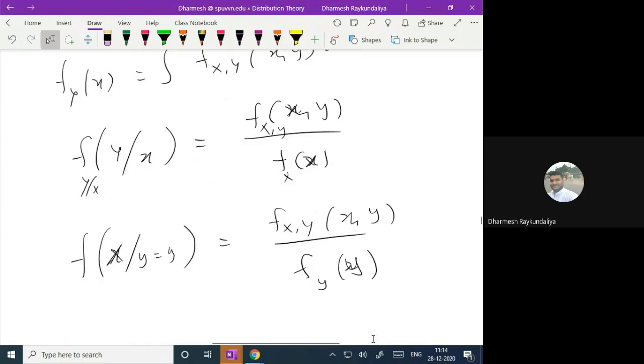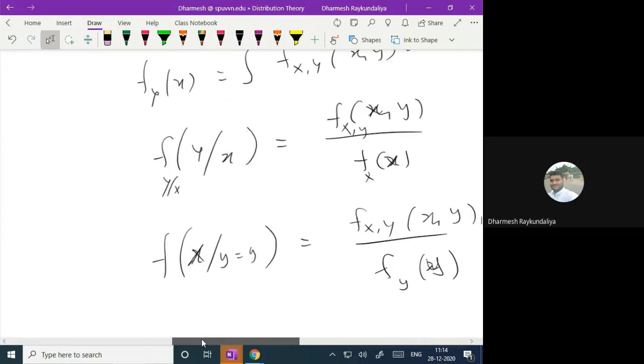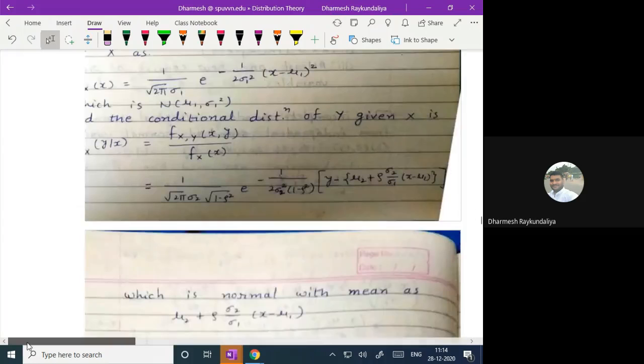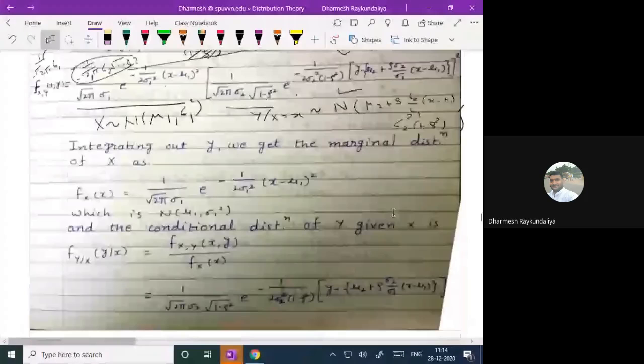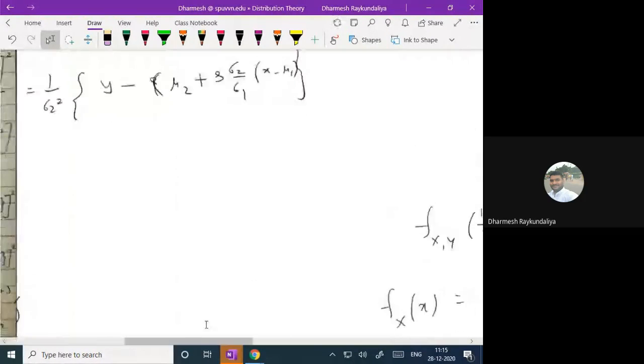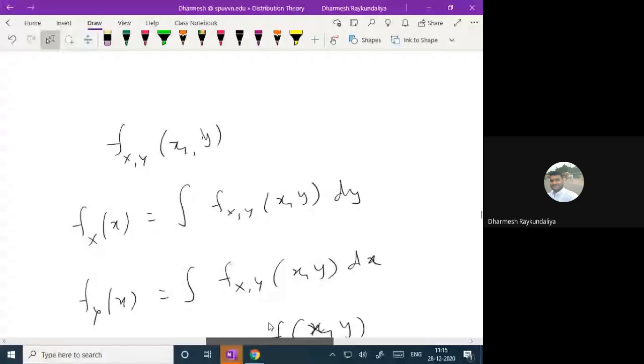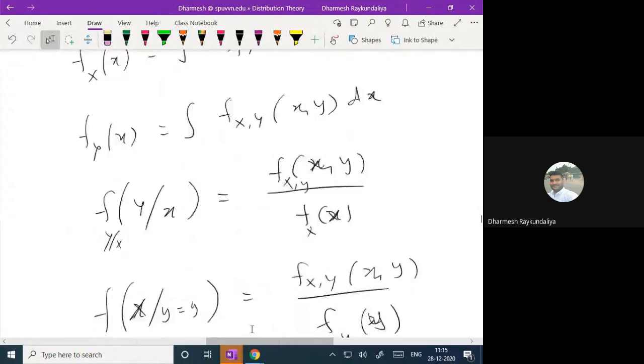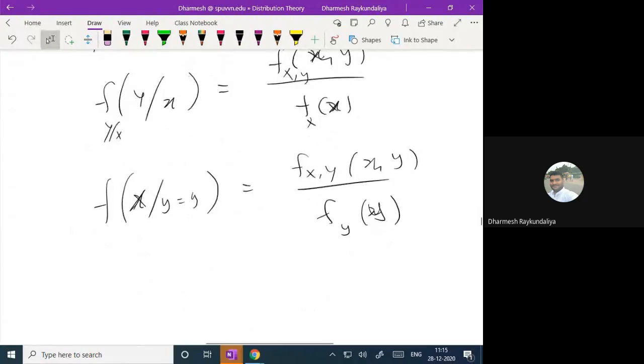Okay, so this is where you can easily find the joint and marginal. So here what happened, we have just used this concept. Because of this, what you can write, you can use this expression, let us say.